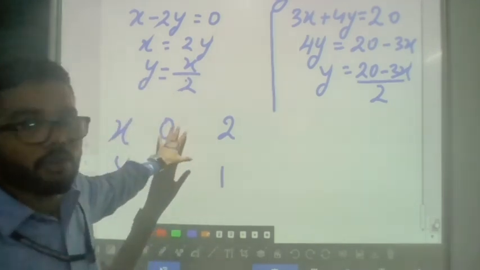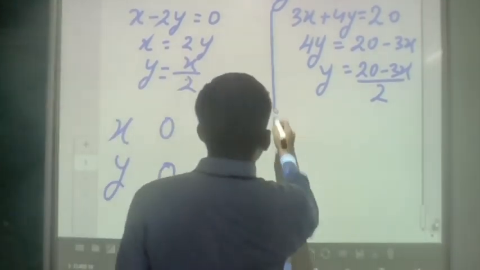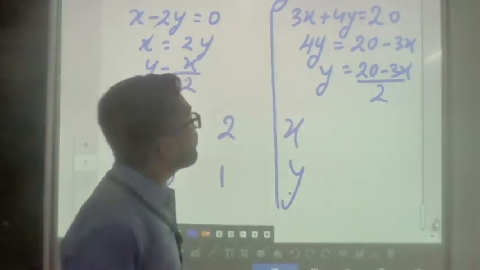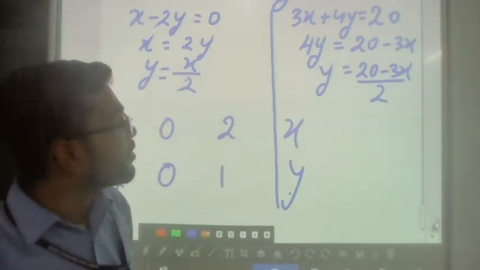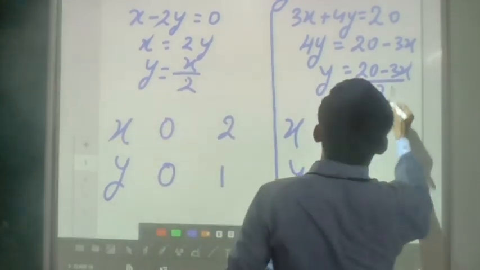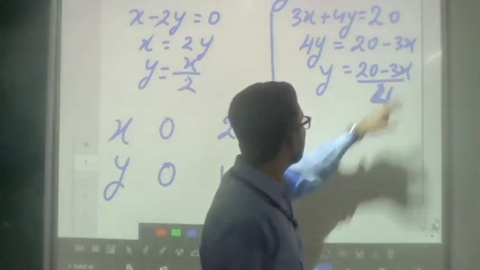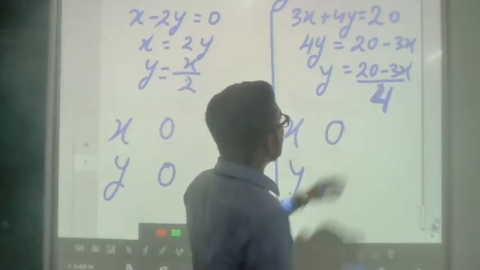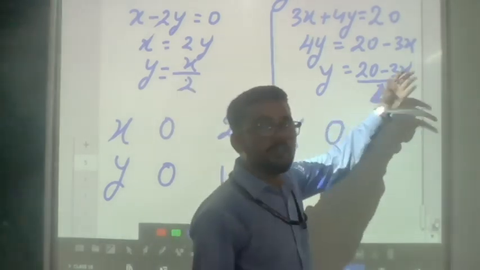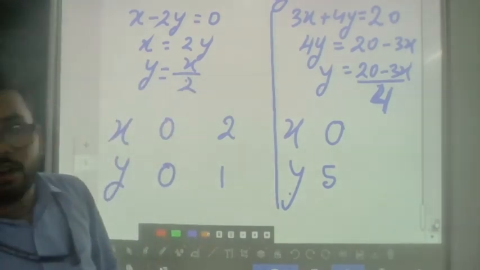Now for the other equation, if we take x is equal to 0, we get y is equal to 5.